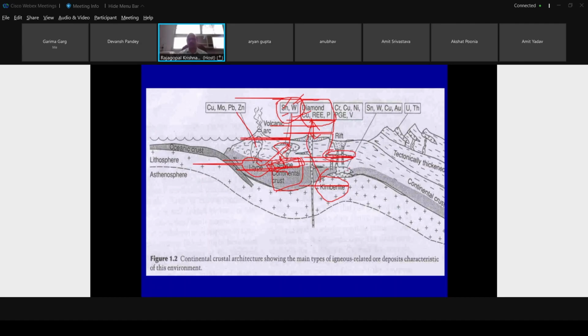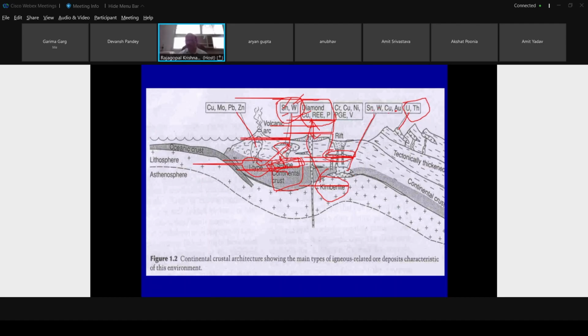And below that, once again intrusion, showing tin, wolfram, copper, gold. And this box, the shallow level is uranium, thorium. So that means different metal deposits are related in the continental crust to different geological environments and different types of rocks. Is it clear?